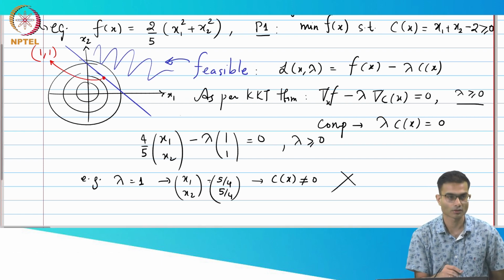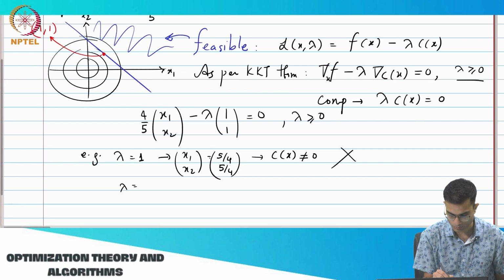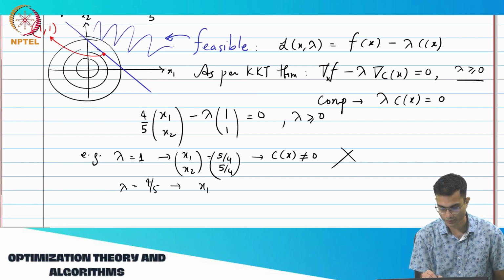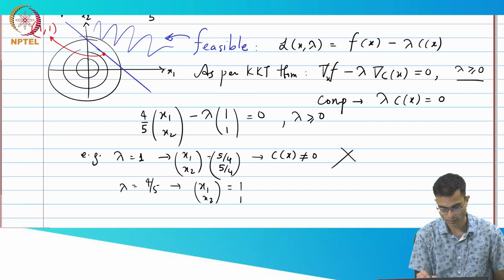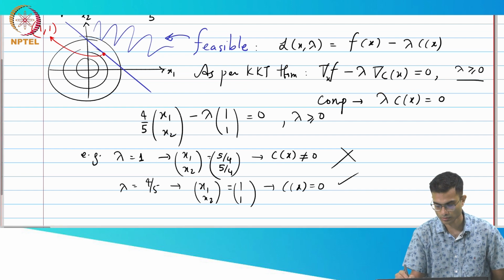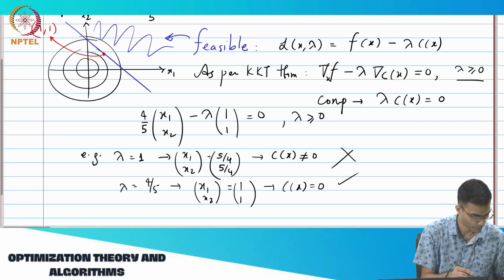So this is not a good solution. You can play around a little bit more. If lambda is equal to, for example, 4/5, what do I get for x1, x2? 1, 1, and at this point c(x) is 0, right. So the first order KKT conditions are satisfied. We've got our solution, okay.